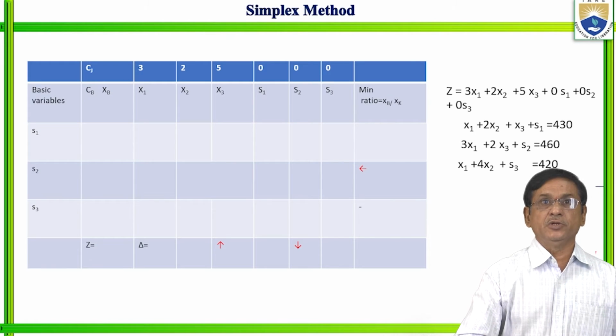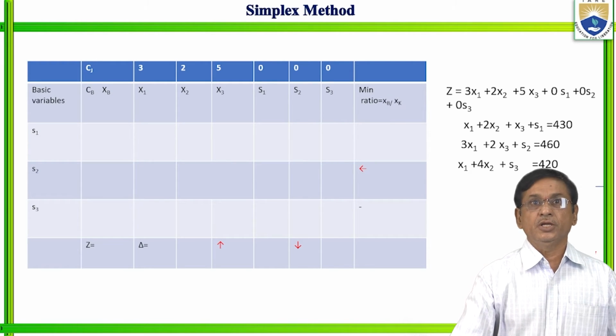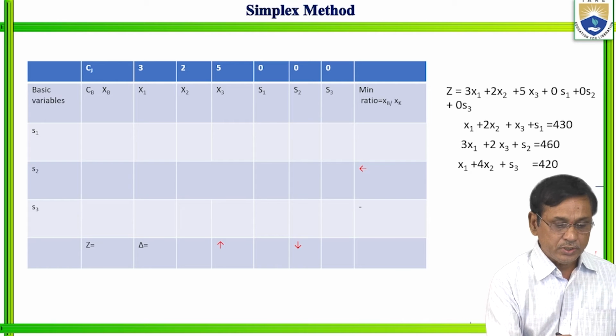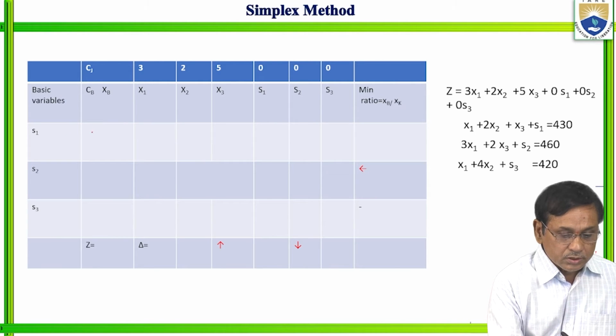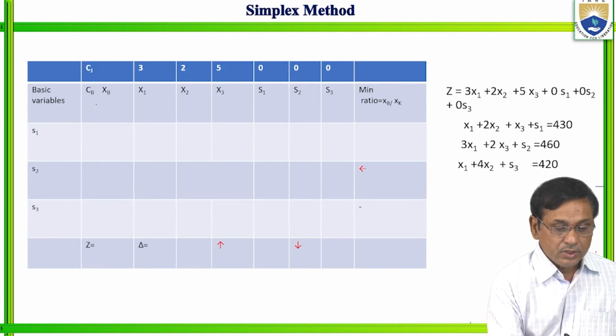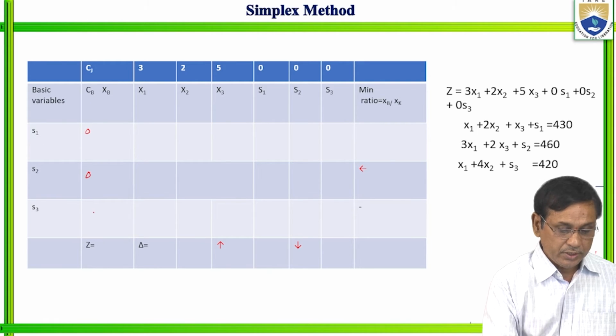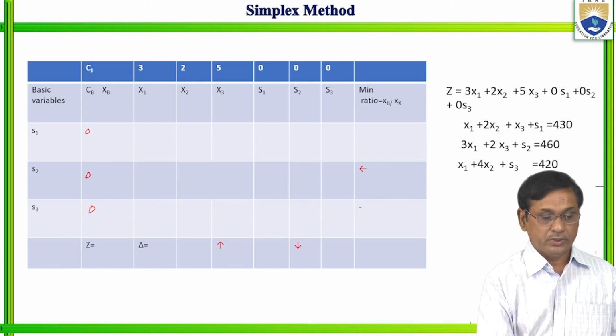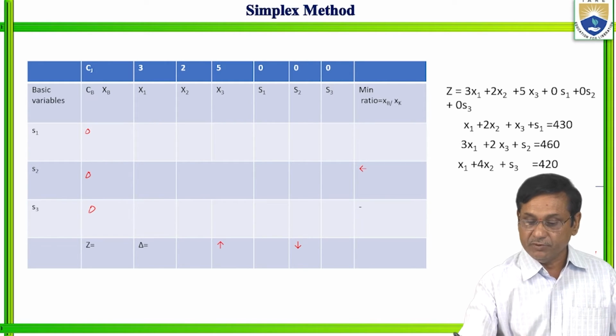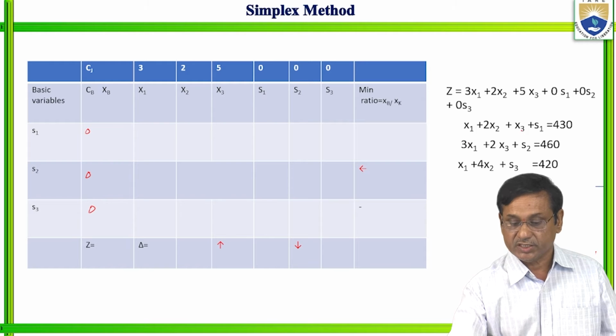The basic variables in the starting simplex table, you can write S1, S2, S3. The coefficient of the basic variable CB corresponding to S1 is 0, S2 is 0, S3 is equal to 0. Then the XB values. So already we calculated the XB values when x1, x2, x3 are zeros.